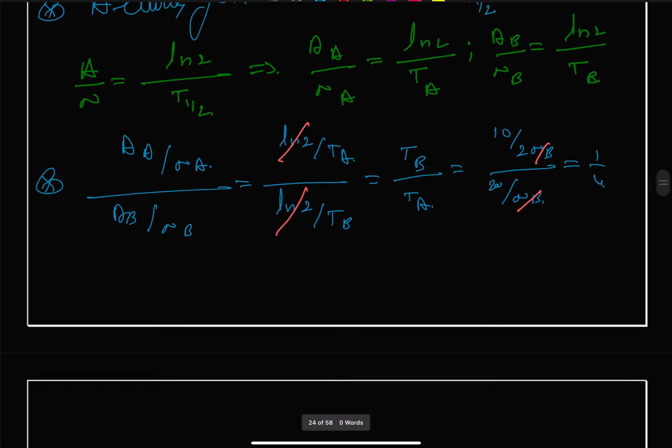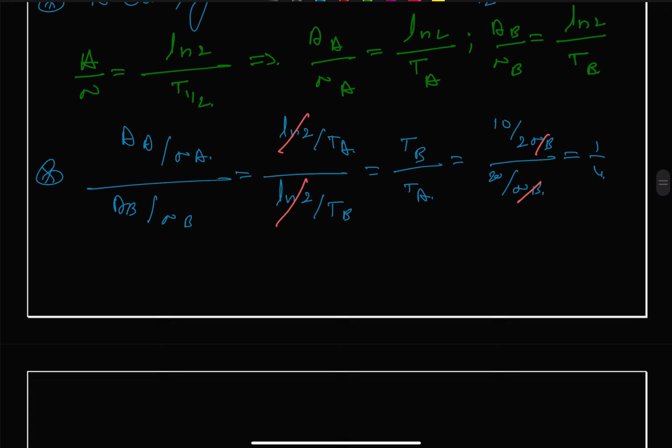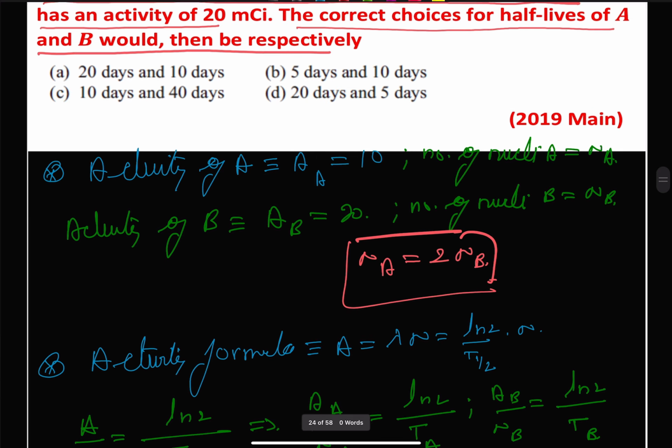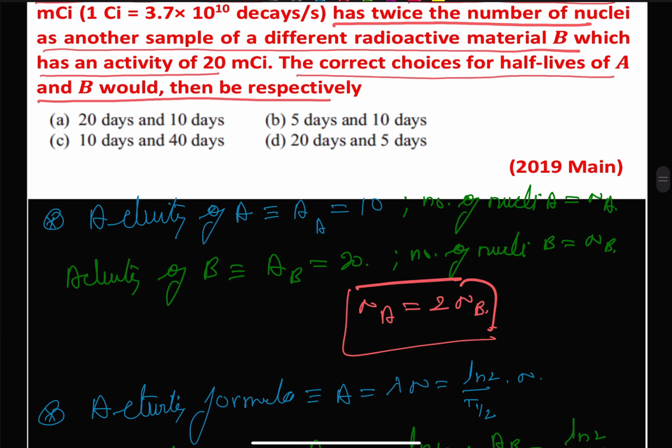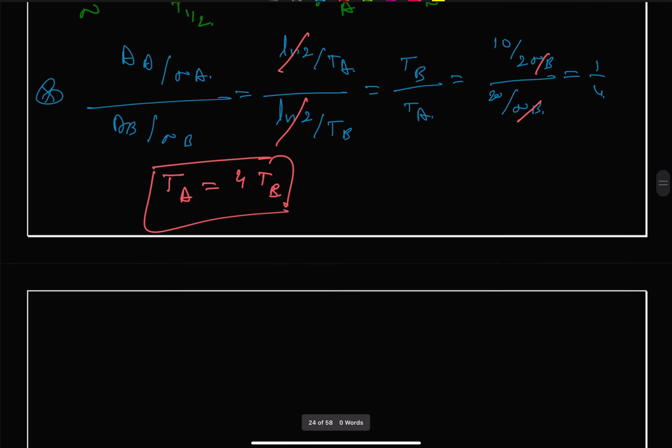So you can say that T_A is equal to 4 times T_B. So therefore the correct option will be, T_A is 4 times T_B.